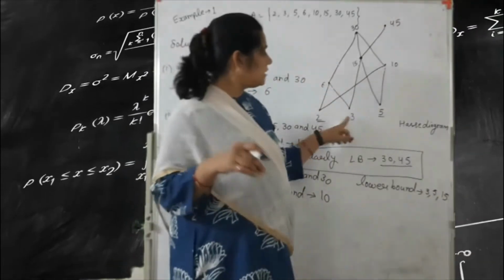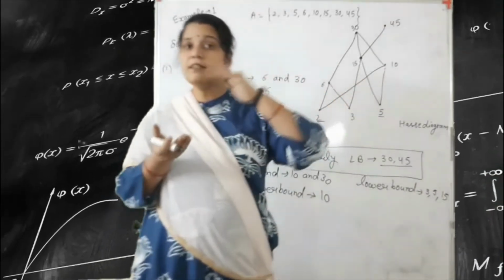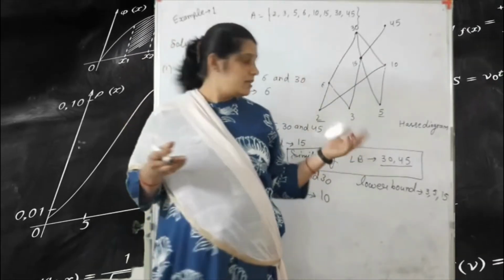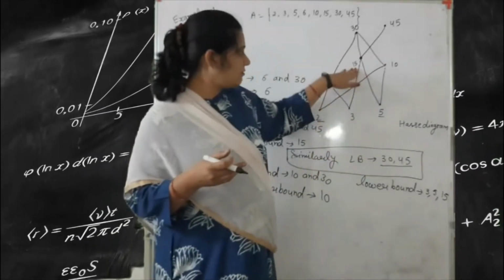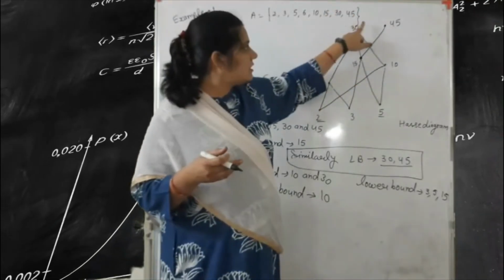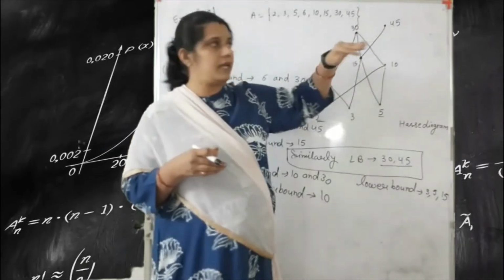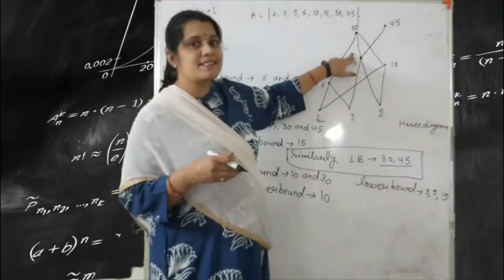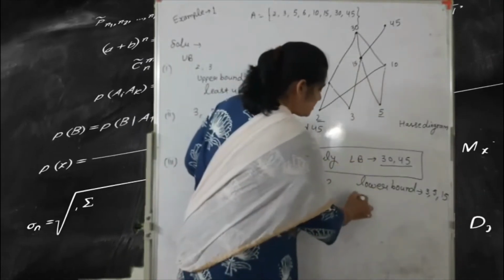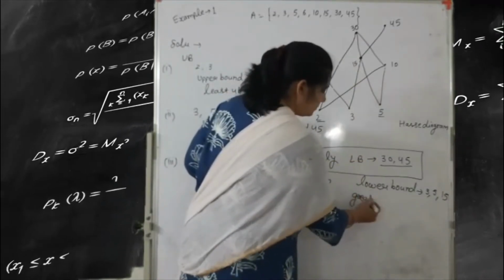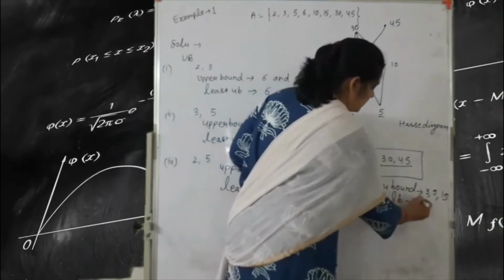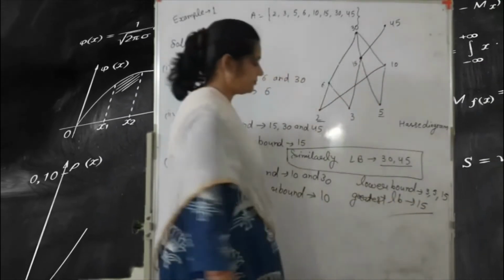Okay. So among 3, 5 and 15, in the lower bound we find the greatest number. According to your 30 and 45, this is the greatest lower bound. So this is what? 15. So the greatest lower bound is equal to 15.